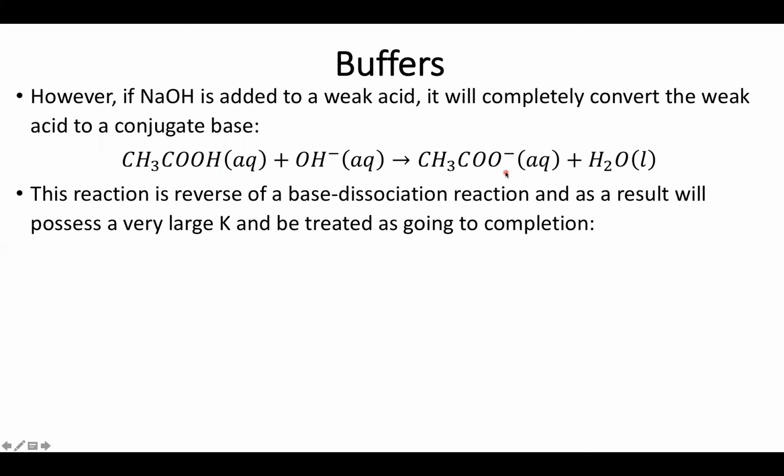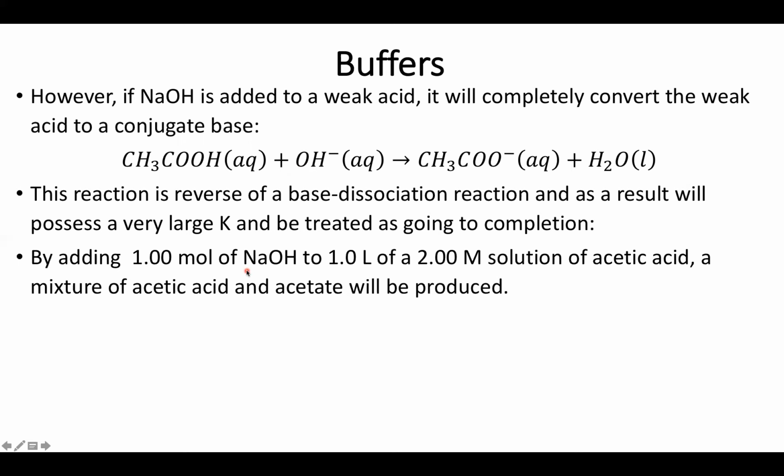It's essentially the reverse of a base dissociation reaction: base plus water gives us hydroxide and the conjugate acid. We know that the reverse reaction has a very small K, given by the Kb. Most of the time this is going to be 10 to the negative third or smaller, which means that the forward reaction is quite big. So there's going to be very little hydroxide left, and we can approximate this reaction as going to completion.